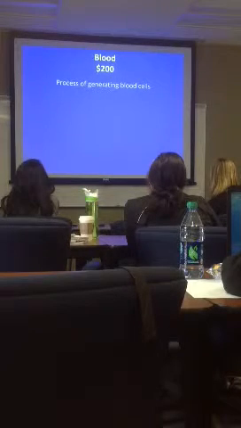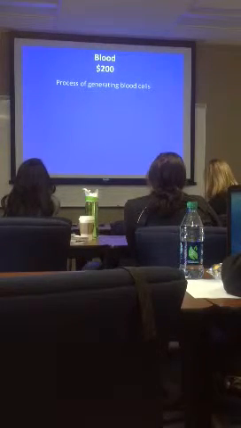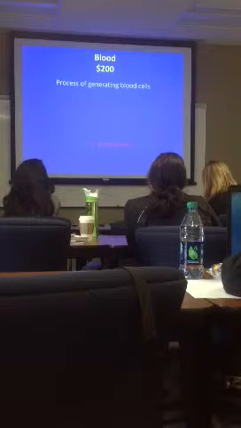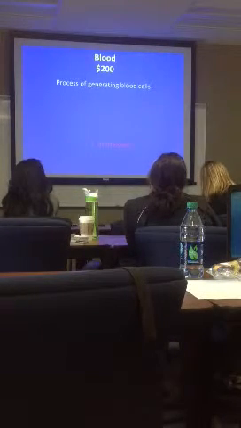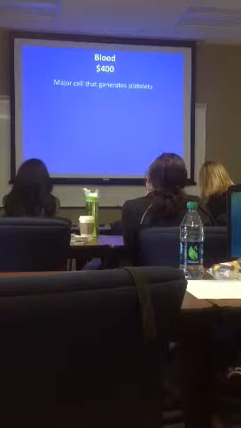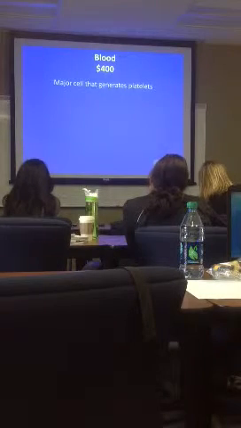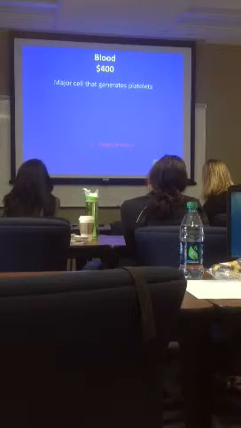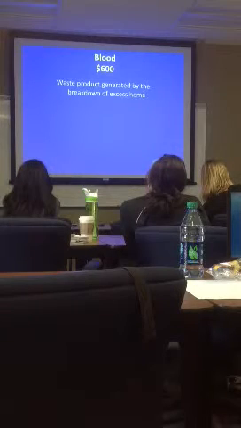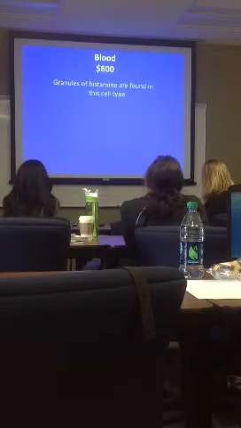The process of generating blood cells is called hematopoiesis. Where does hematopoiesis occur in the body? Red bone marrow. Major cell that generates platelets: megakaryocytes. Waste product generated by the breakdown of excess heme: bilirubin.